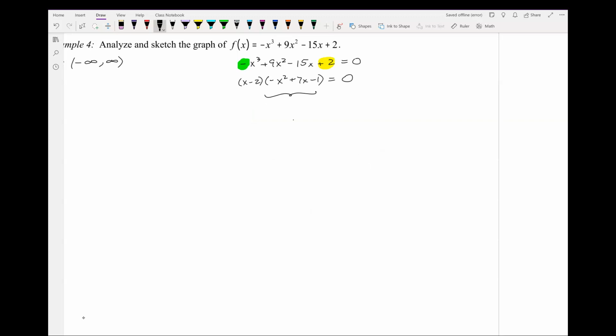So we're going to have x equals -b plus or minus the square root of b squared minus 4 times a times c all over 2a. This will give us two different x values.